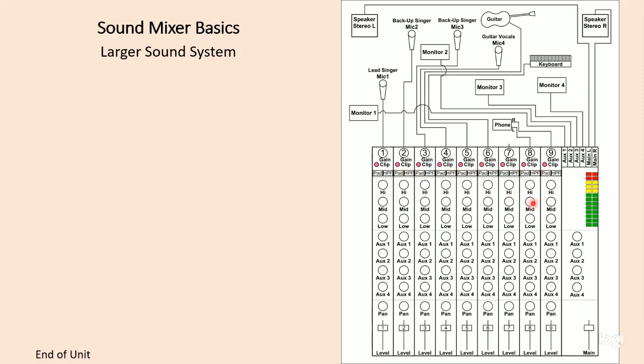So soundboards get bigger, but the basic idea of input and then input sensitivity and equalization, high, low, mid, signal routing, where are we going to send our signal, aux 1, 2, 3, 4, or pan, our individual level, our mains output, and our auxiliary mains, right?